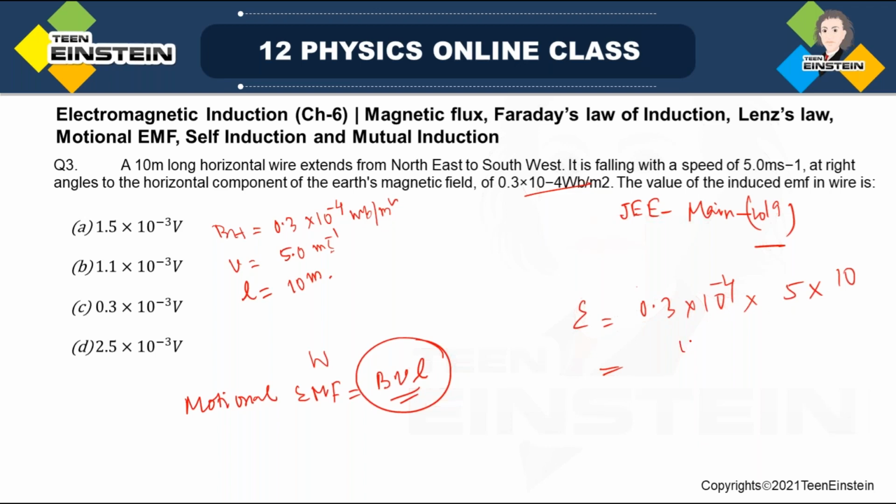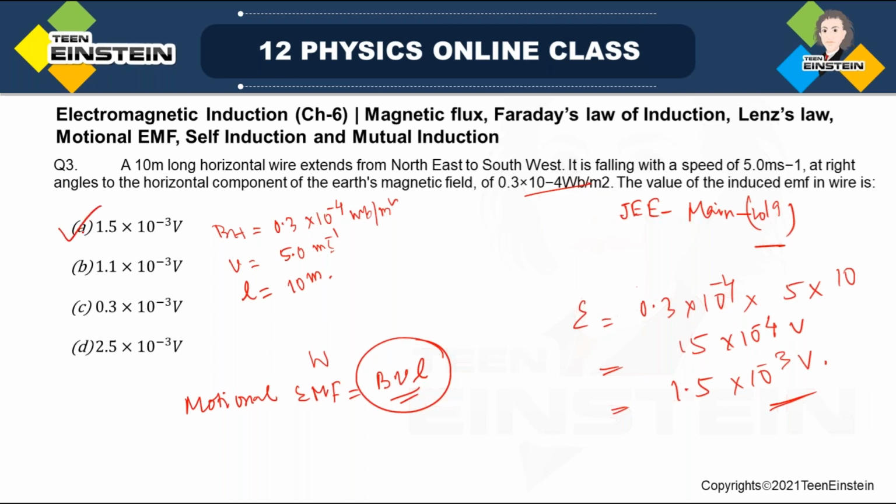So this is 15 into 10 to the power minus 4 volt, or 1.5 into 10 to the power minus 3. So the first option will be the correct answer.